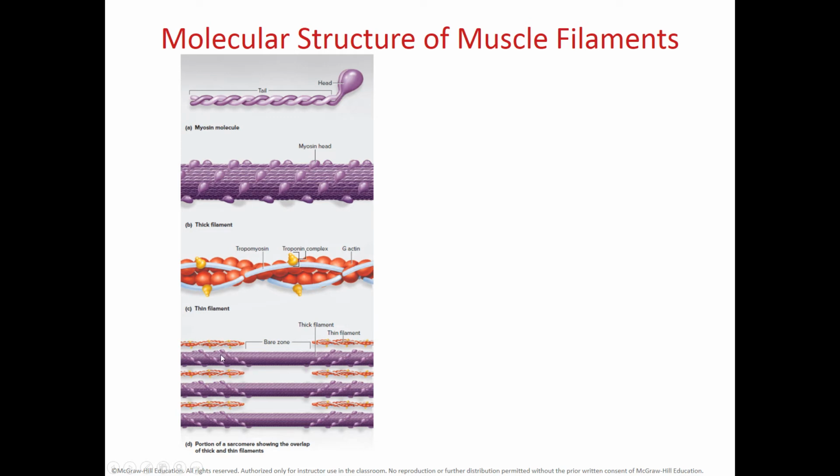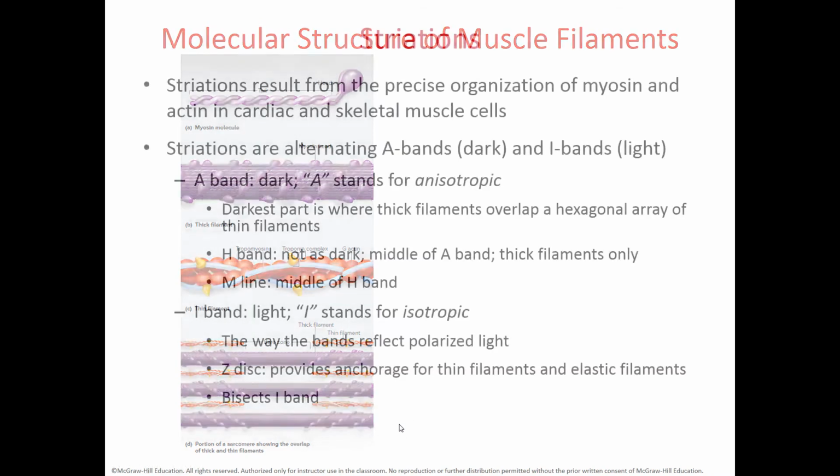And then this area where you have the thin and the thick filaments is the overlap, and this is the area of the muscle fiber where you have a thicker or denser part where you cannot see the light passing through the microscope. So this is why all this is called the dark band.